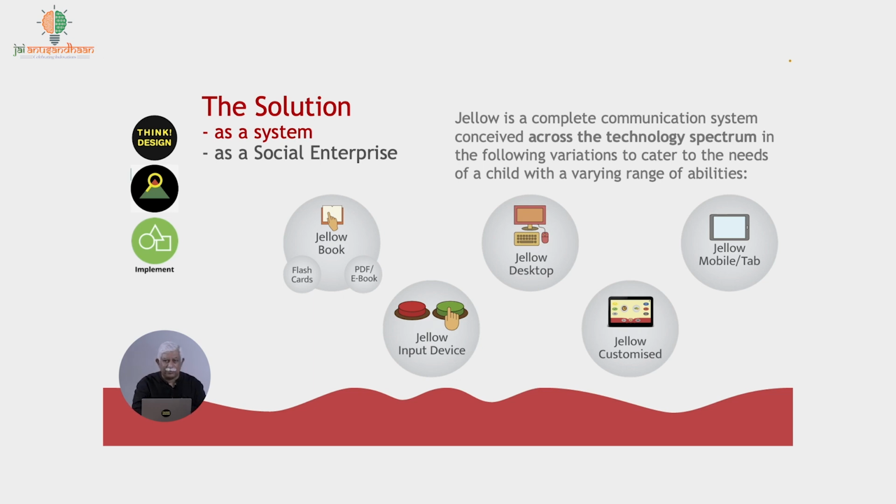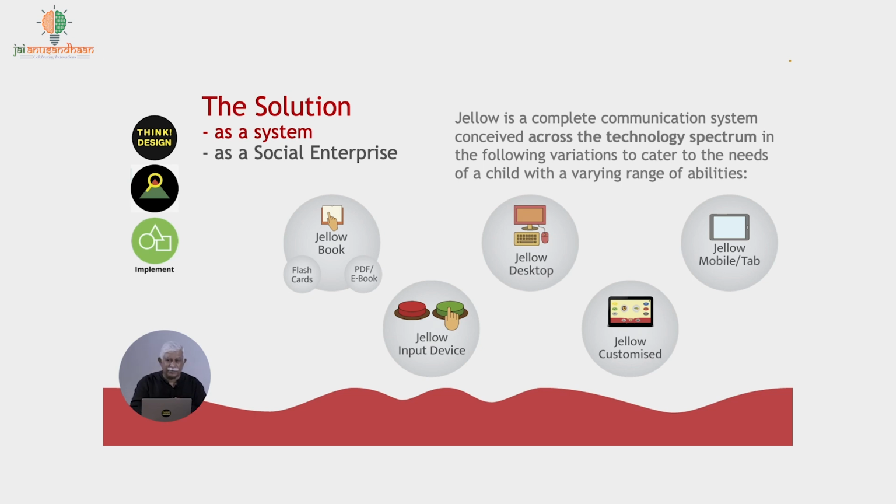It's also available on the desktop. Okay, it's also available on the mobile or tablet. Okay, and if the child has motor issues, you can connect it to an external input device. Through these switches, you can actually operate Jellow.